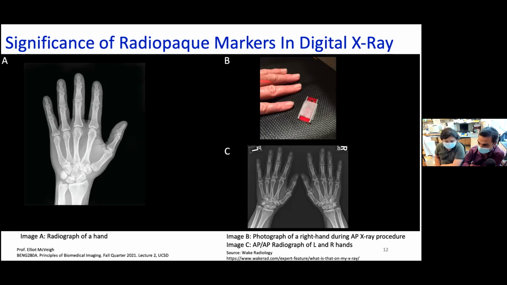Especially if you don't have any knowledge of how the X-ray was taken, whether the dorsal side versus the palmar side was facing the detector, it becomes very challenging to figure out which hand this actually is. So I would recommend going back to the technician's notes, and in the worst case maybe repeating the radiograph for the patient.